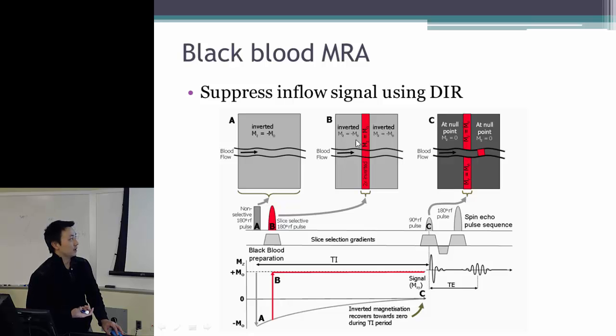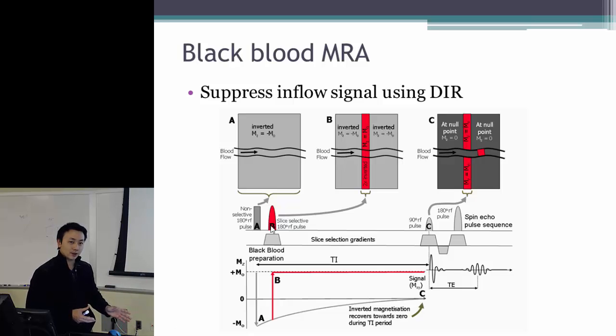So this achieves a high tissue signal, while the blood signal is zero. The blood itself is being nulled at this point. Actually, I'm sorry, this is not based on the TOF effect, because when you do this non-selective inversion pulse, it flips everything.